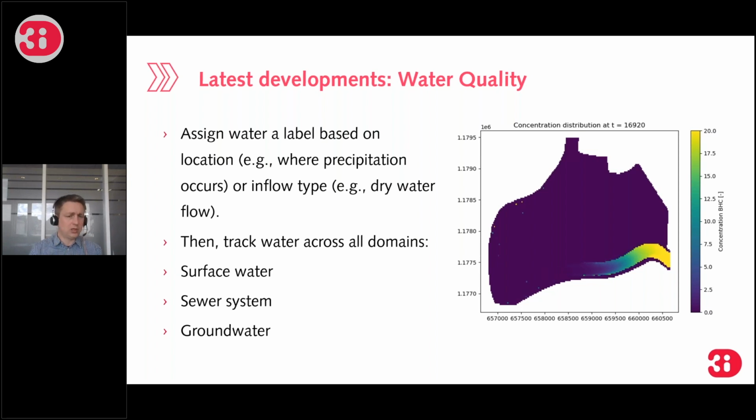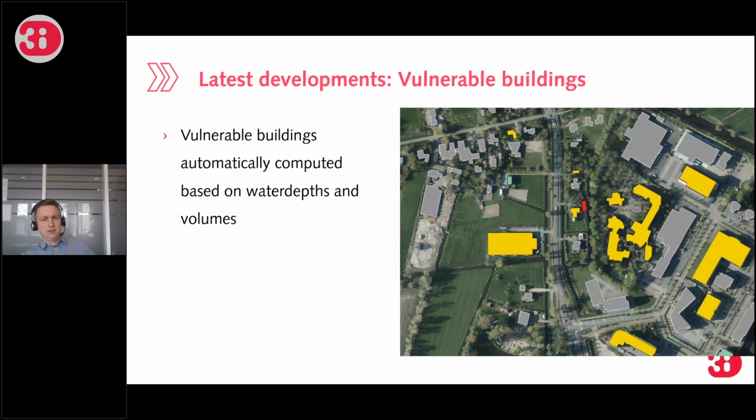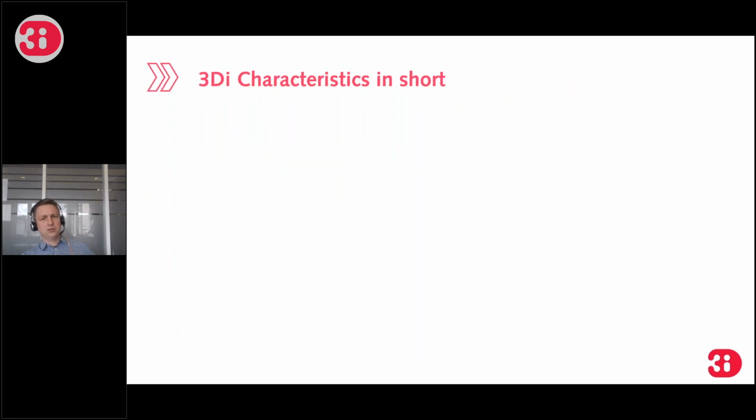And if you have included groundwater, you can also see how this kind of substance is going through the groundwater. You see here on the right-hand side, really in short, a real-world river that has an inflow, but you can also use this for urban areas as well. And the vulnerable buildings I just mentioned. So that's really the whole package in short.